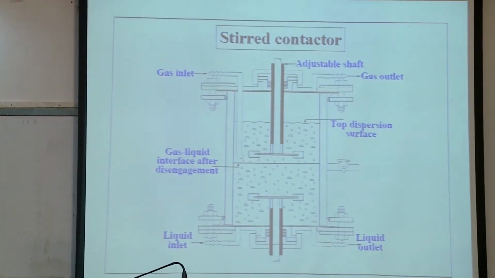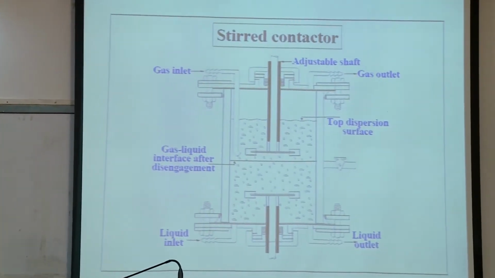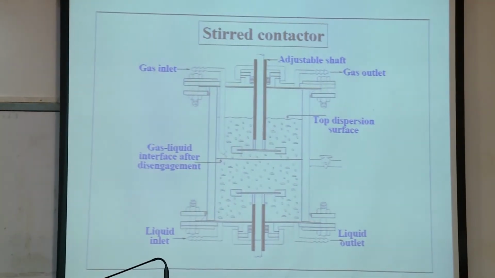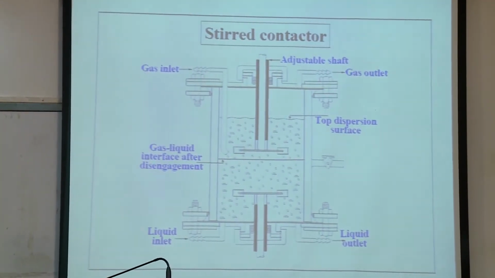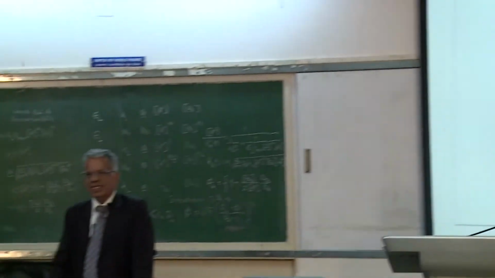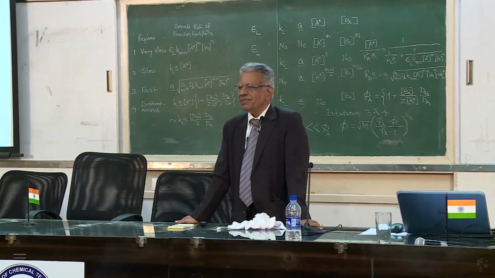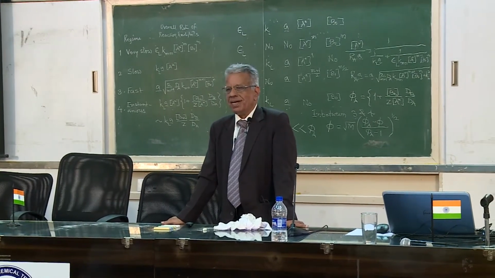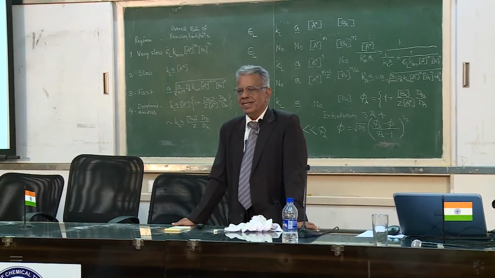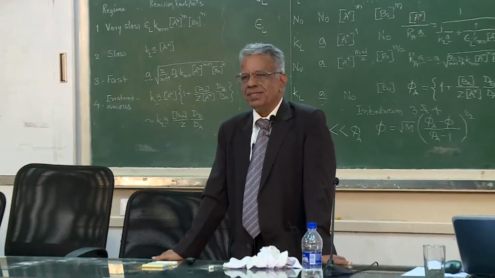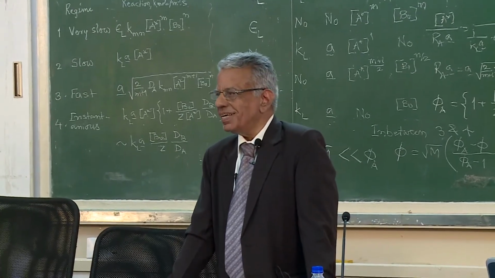It is used where the reaction takes hours, and where it is a good idea to have more and more intense agitation, so that KLa can be increased to the extent that we want. If you want to increase 5 times, 10 times, 20 times, then the speed can be varied up to 1000, 2000. We can change the impeller.